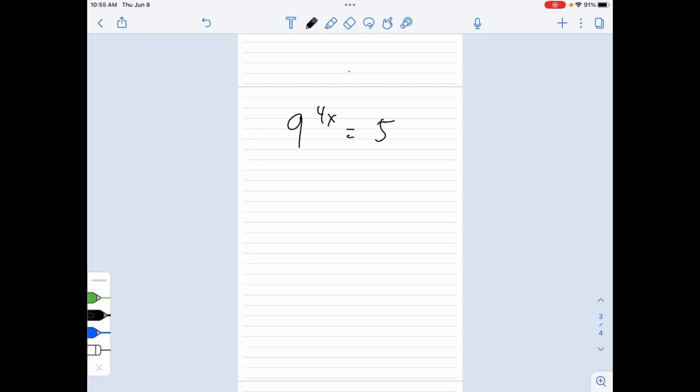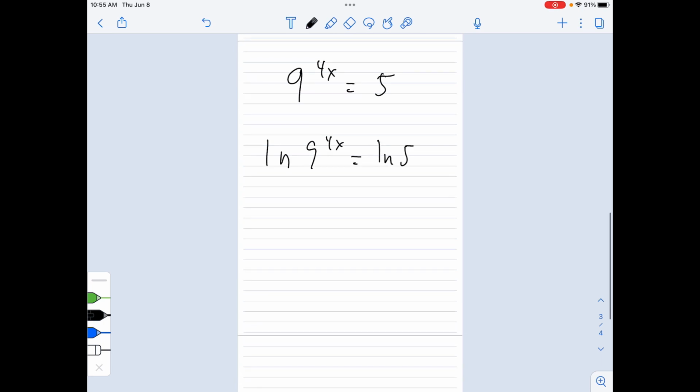Now this still rings true for some calculators. Like if you have a scientific calculator, I think those still have just log and ln as the bases. But anyways, let's say we took ln instead. This is what we would have.